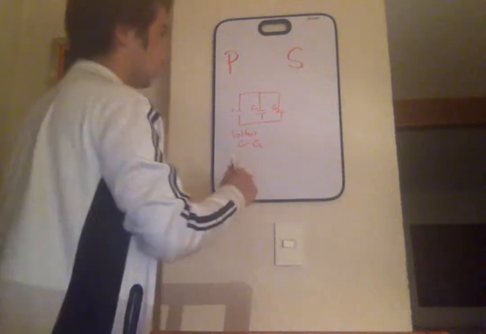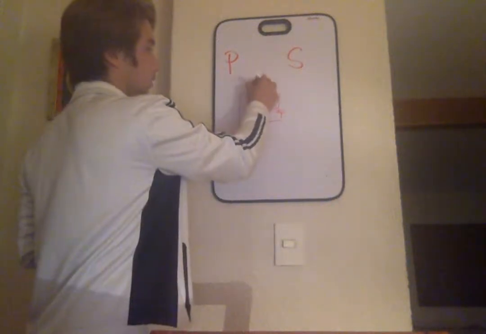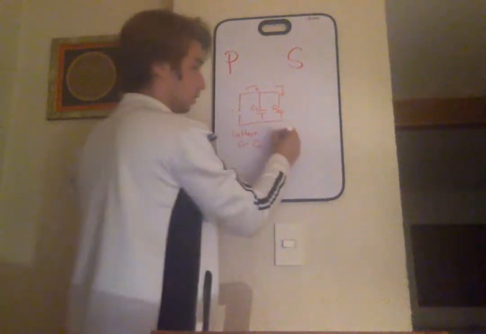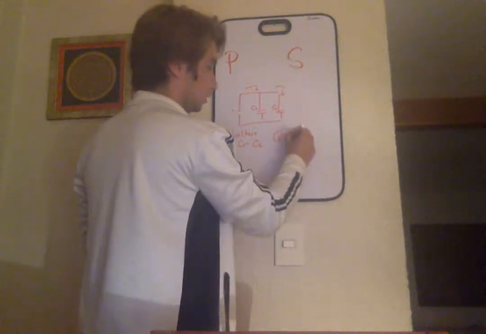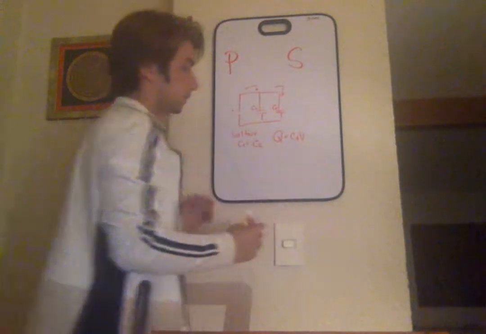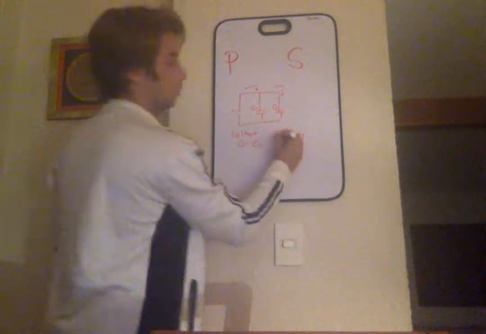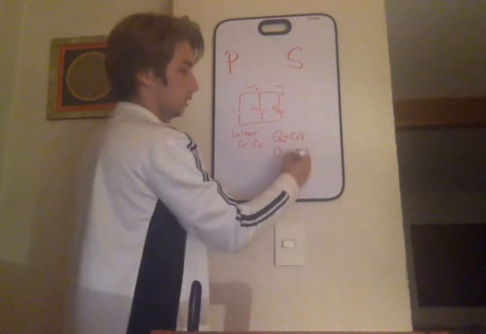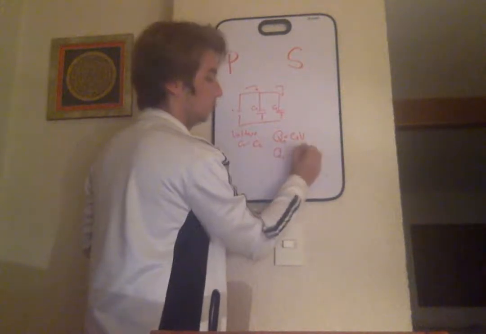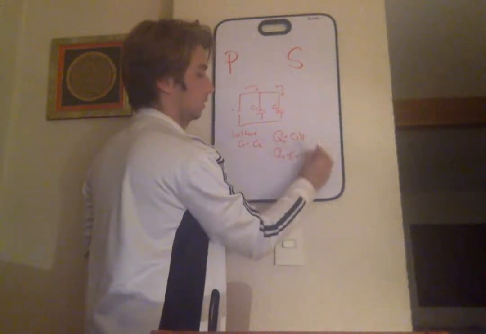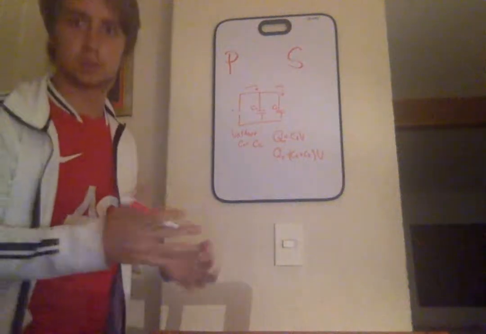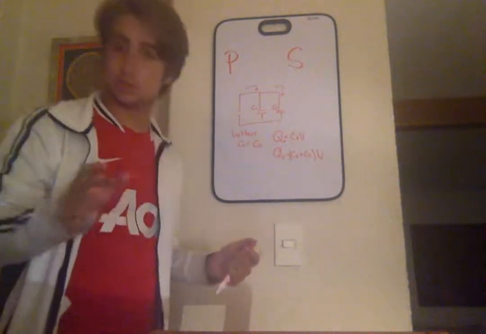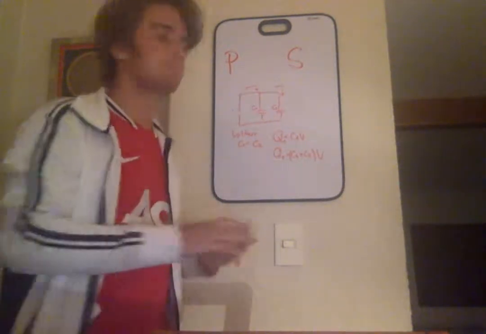The amount of charge distributed over here will be Q1 equals C1 times the voltage. And Q total will be C1 plus C2 times the voltage of the system. And all those are the relationships of the two different types of circuits.